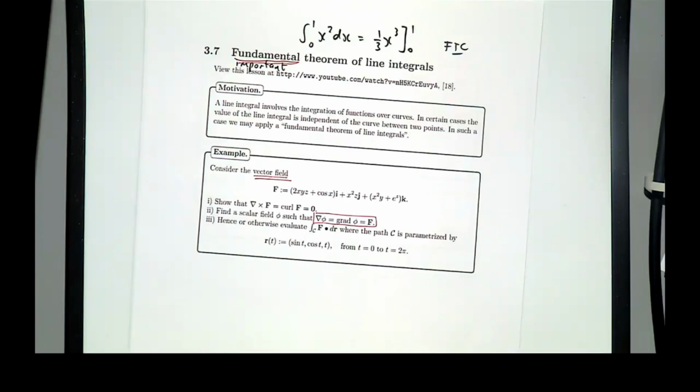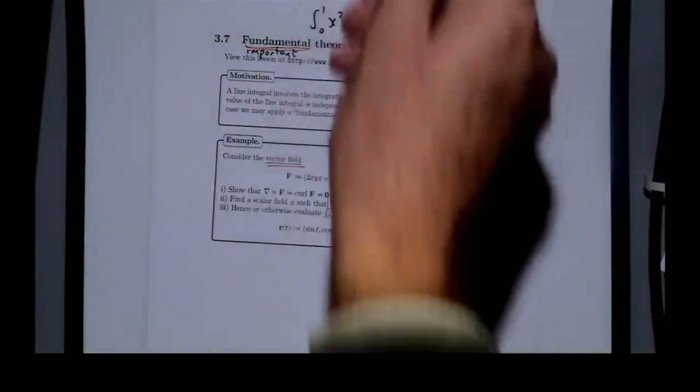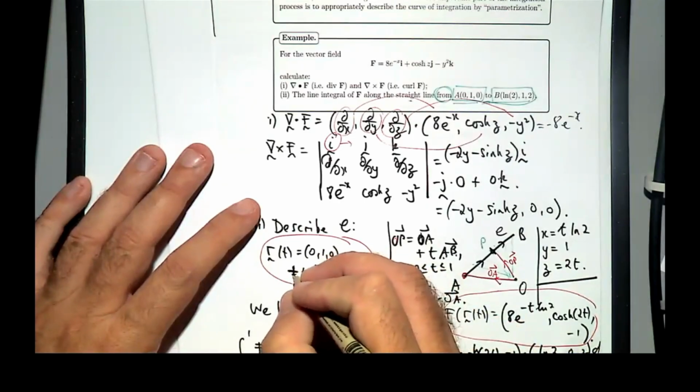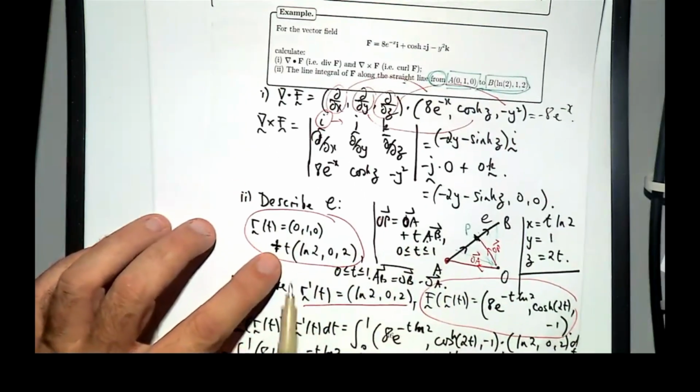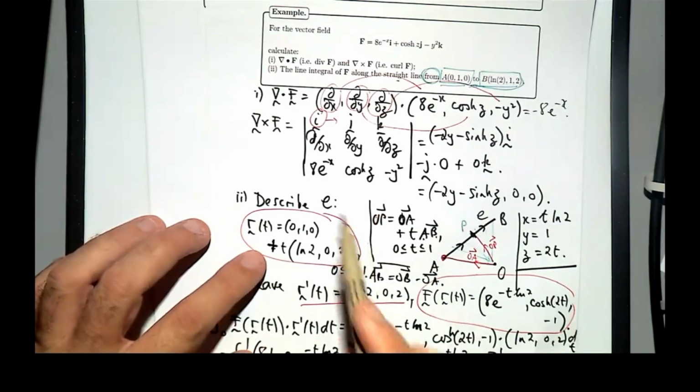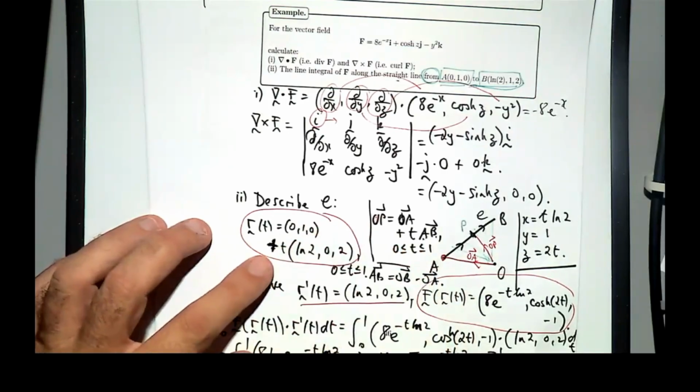Because we told y equals, so 0 plus t log 2 is x. 1 plus 0 times t is 1. Plus, not equals. Sorry, why did I write equals? Plus.